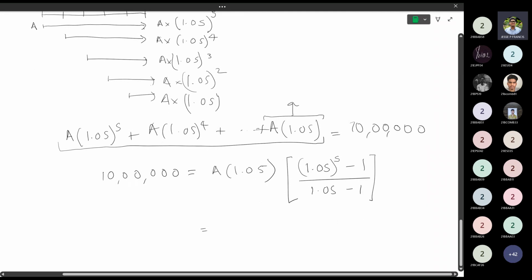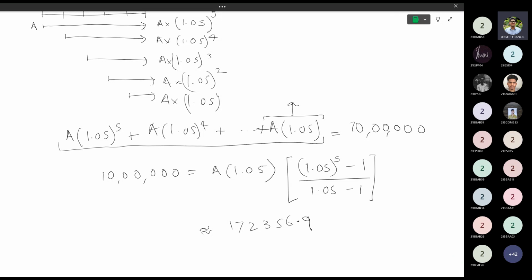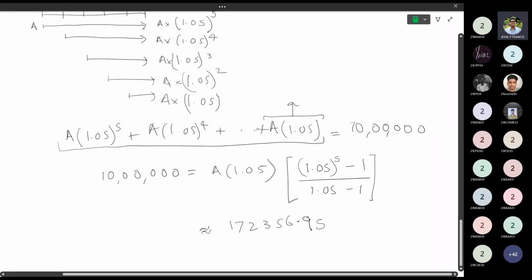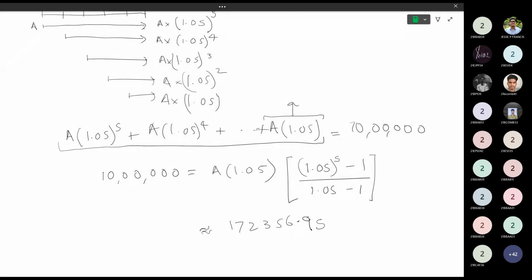And you're left with, I'm going to go with what you guys are saying, approximately equal to 172356.9. Some of you are getting 9.5, so 9.5. You get the idea, right?